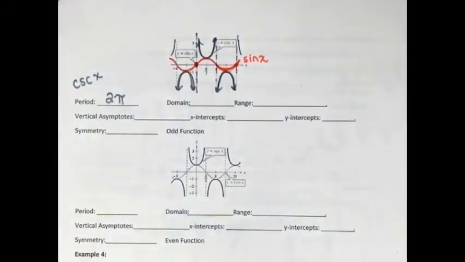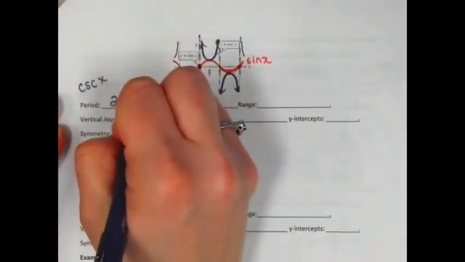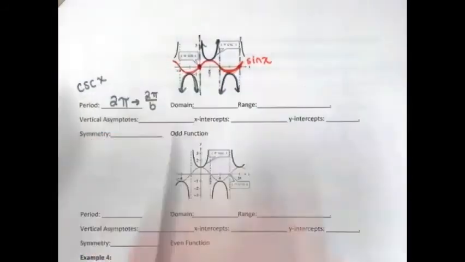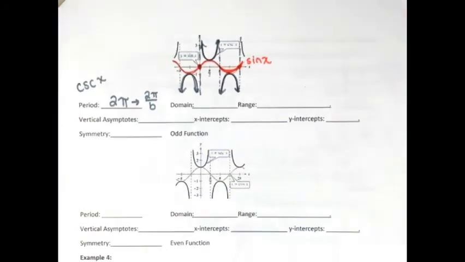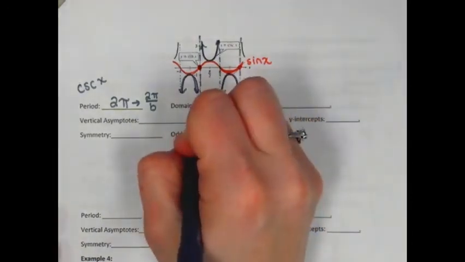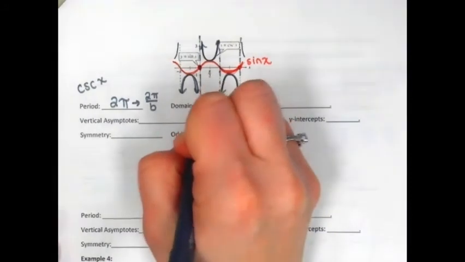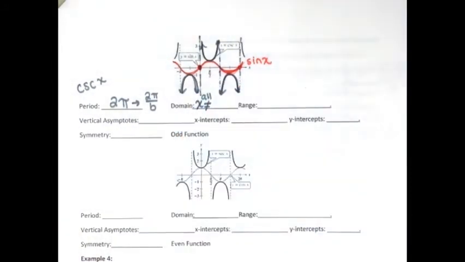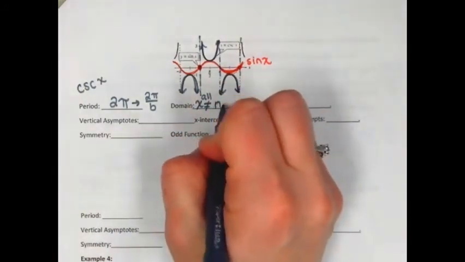But again, we might have to take 2 pi and divide it by b if we have something being multiplied by x. Is my domain all real numbers? No, because we have those vertical asymptotes. So it's all except n times pi.